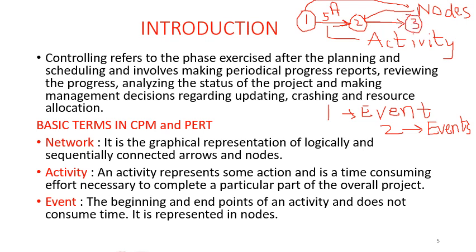So this will be activity B. B can start only when A is complete, because the logic here says that once A finishes or ends, then only B can start. B cannot start before A is completed.